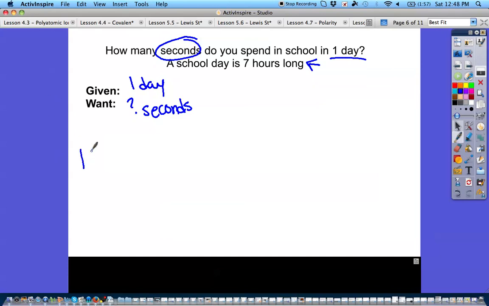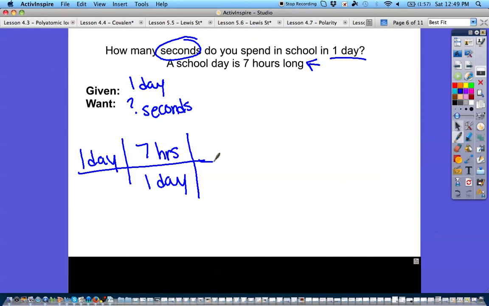So I'm going to start with 1 day. And we don't have something going from, or we do, day to hours. So school day is 7 hours. So since I have days up here, I'm going to put days on the bottom, 7 hours. But we still don't know how many seconds. Well, we know a linking unit would be in 1 hour, we have 60 minutes. But that's still not seconds.